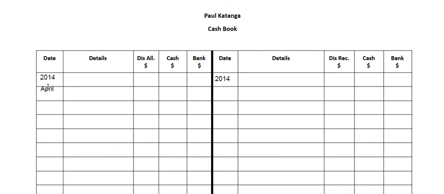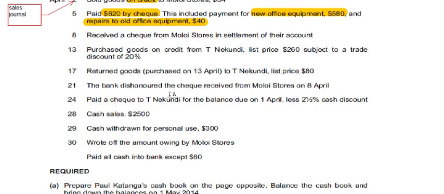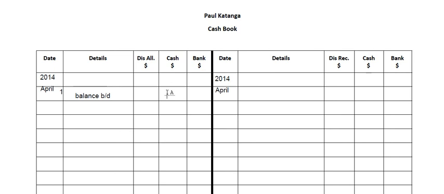On the other side also we'll write April, and first enter the opening balances. So April 1, balance brought down for cash. So let's see how much cash we have. We go up and check cash, and how much was that? $75.